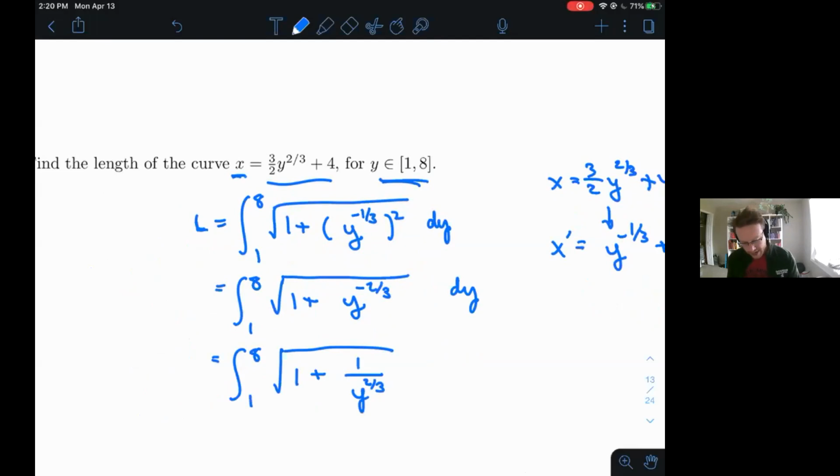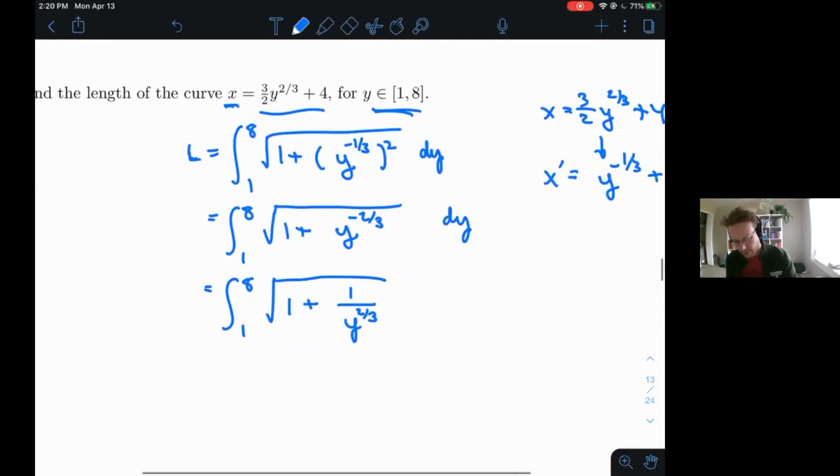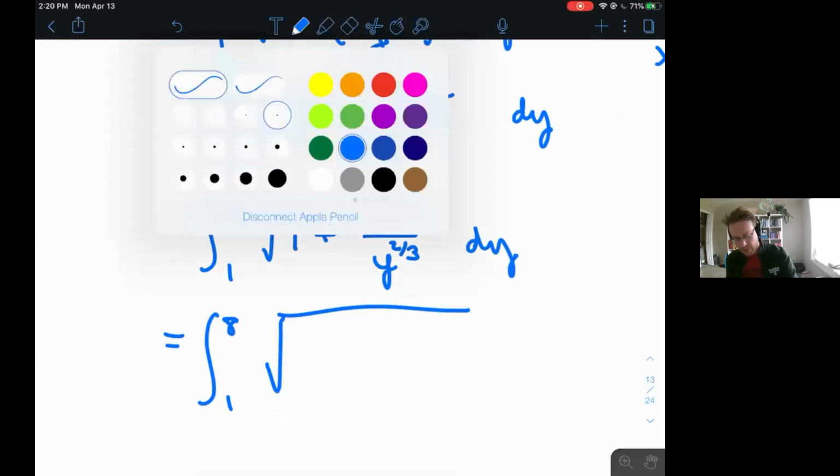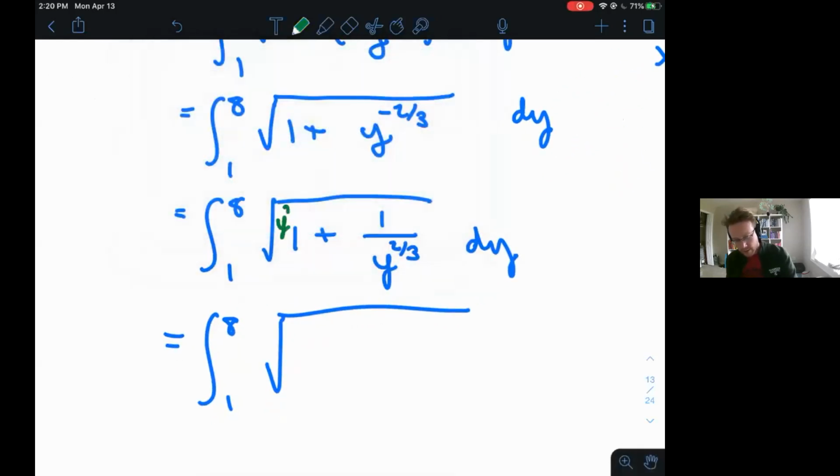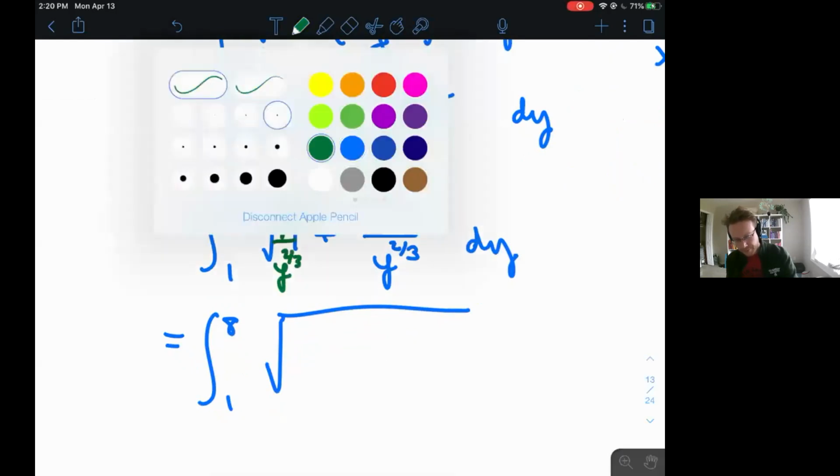And then let's go ahead and get, right, we now have kind of two terms being added together. Let's get a common denominator and see if that does anything for us. So let's see, y raised to the 2/3, I need to multiply that here and on top and on bottom here.